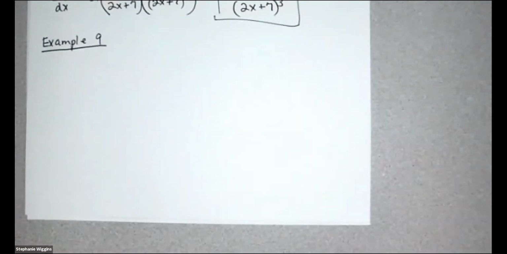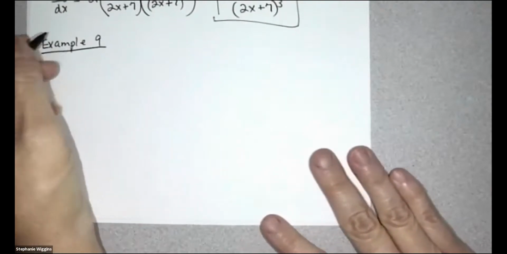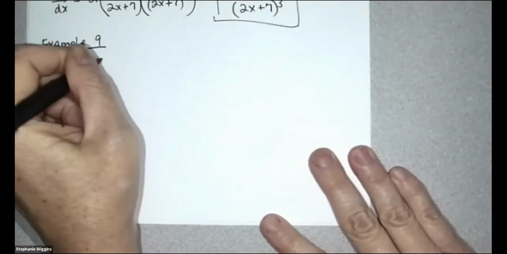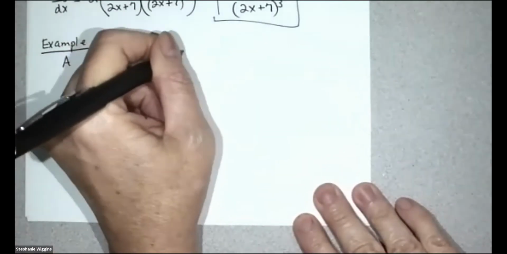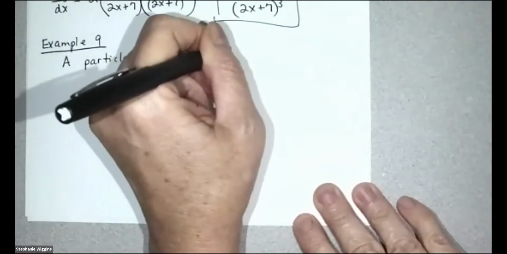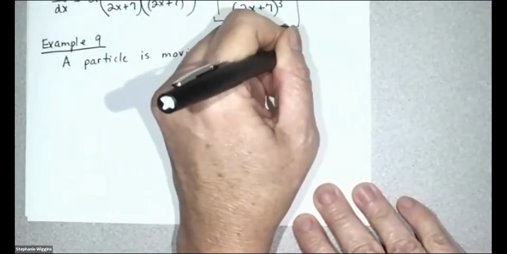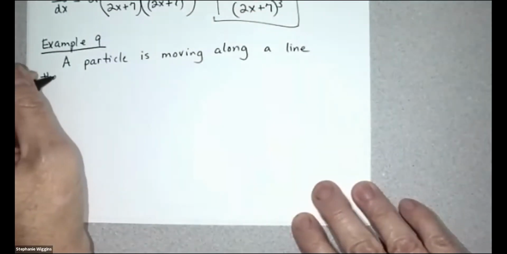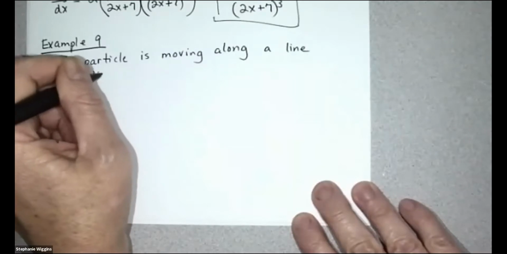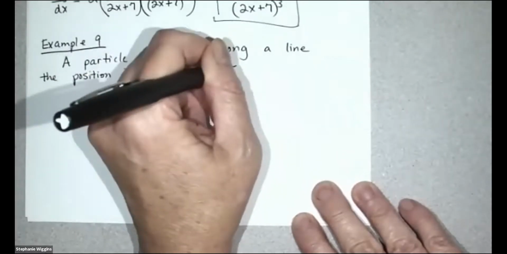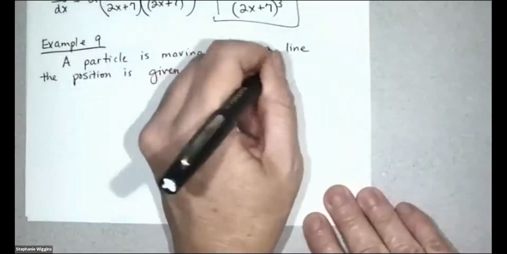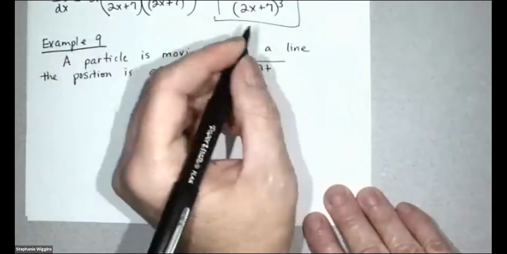And we have a particle. A particle is moving along a line. The position is given by S equal to the square root of 82 plus 6t.